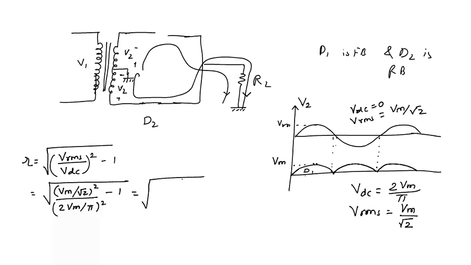Vm will be cancelled, and it will be pi square by 8 minus 1, and it will be 0.48. So the ripple factor is 0.48, and for the half wave rectifier it was 1.21. Here the ripple factor is less than that of the half wave rectifier, so it will be said that this rectifier is better than the half wave rectifier.